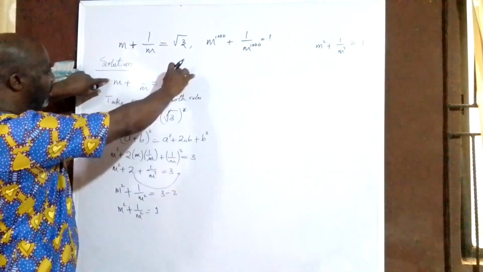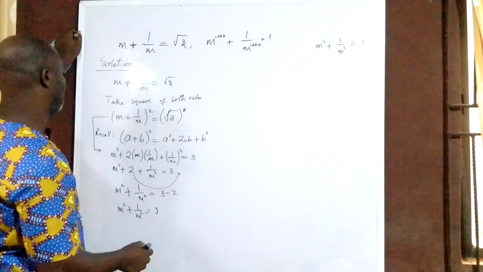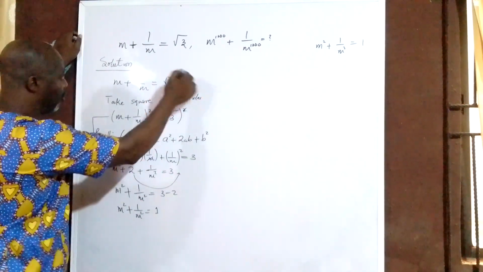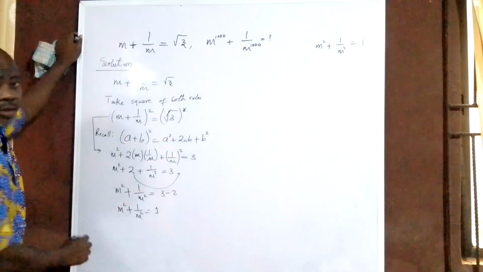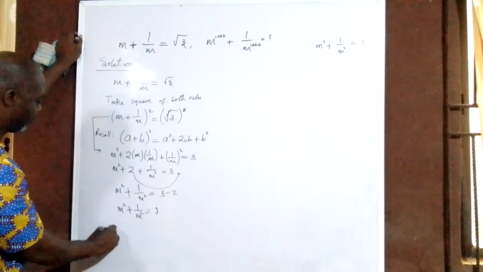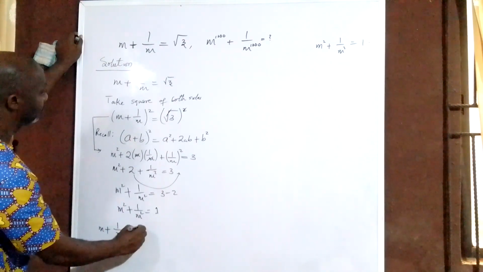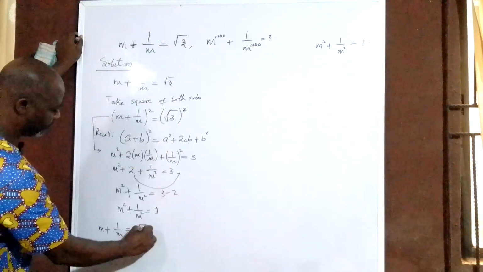So again, let me come back to this. I can take the cube. I'm going to start over again from here. So I have m plus 1 over m equal to square root of 3.